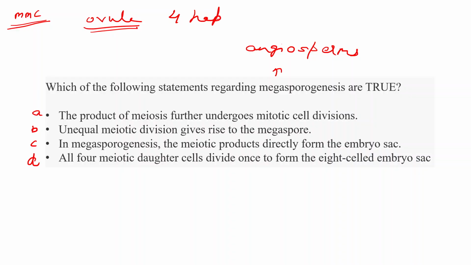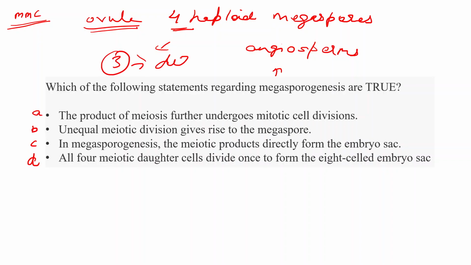From these four haploid megaspores, three degenerate and one remains functional. So there are a total of four haploid megaspores, from which three degenerate, and only one of the haploid megaspores remains functional.